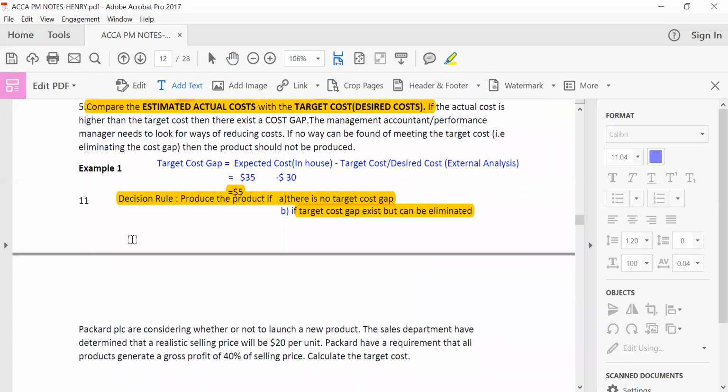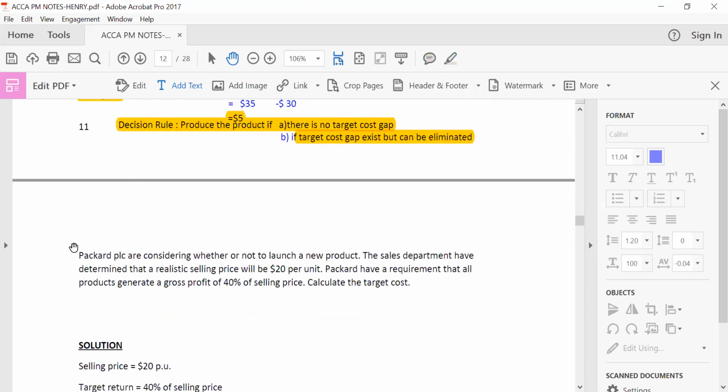Right. So question number 1, example 1. Packard PLC are considering whether or not to launch a new product.